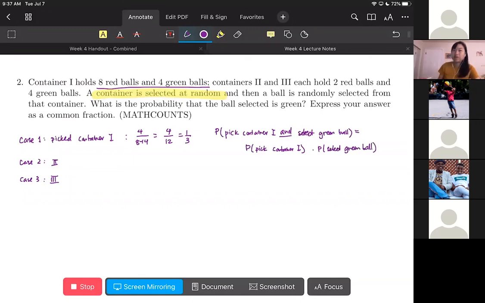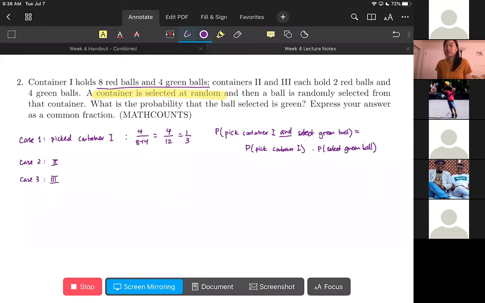Before I write this out, this is an important concept: you can multiply probabilities together when they're independent. I say independent because the probability that I pick container 1 doesn't have any bearing later on whether I select a green ball or not.